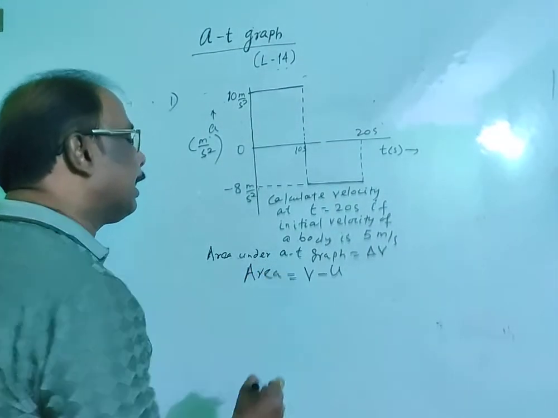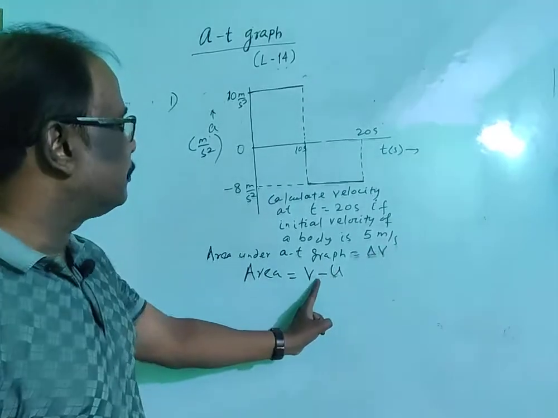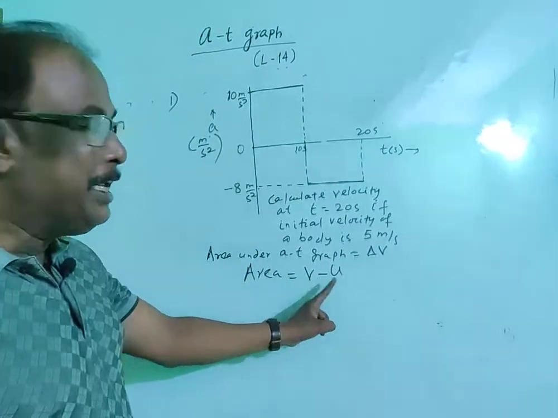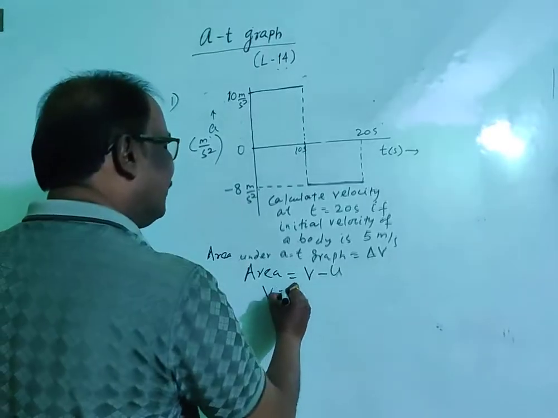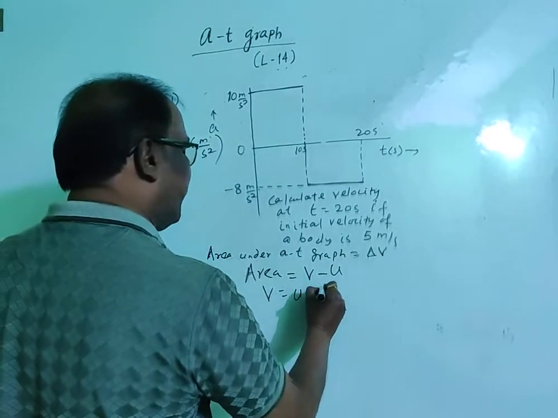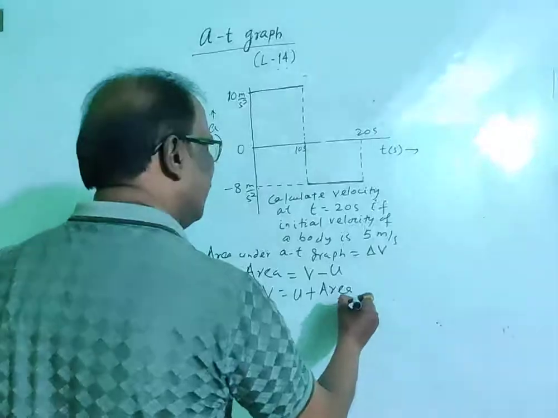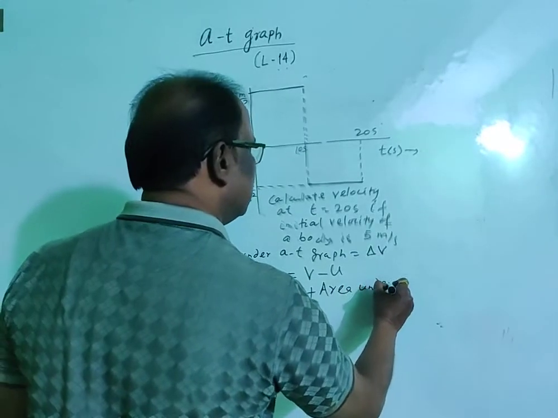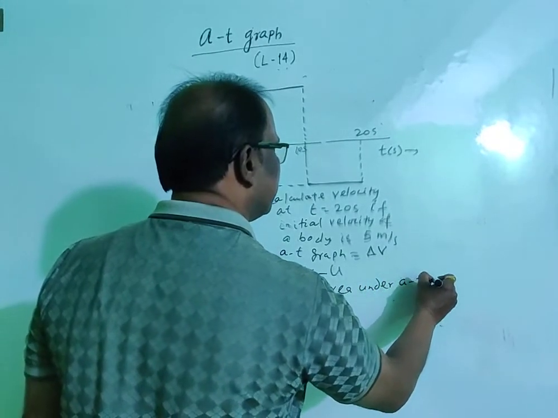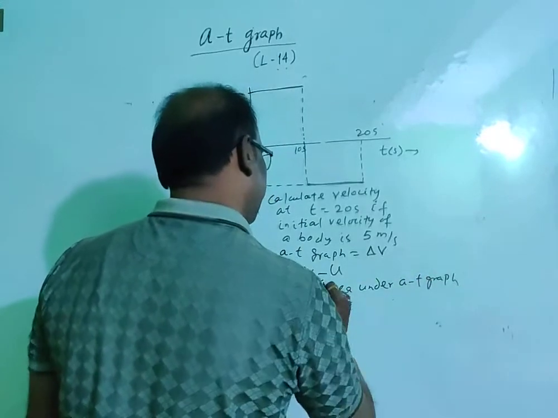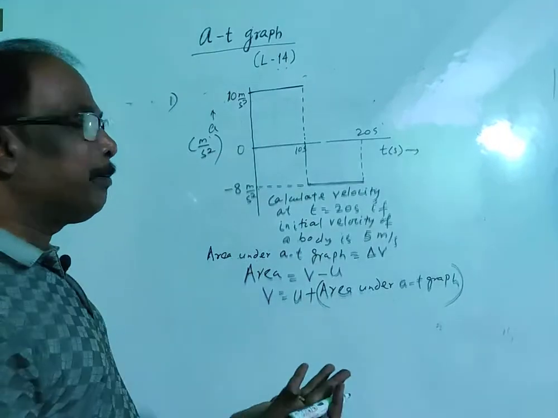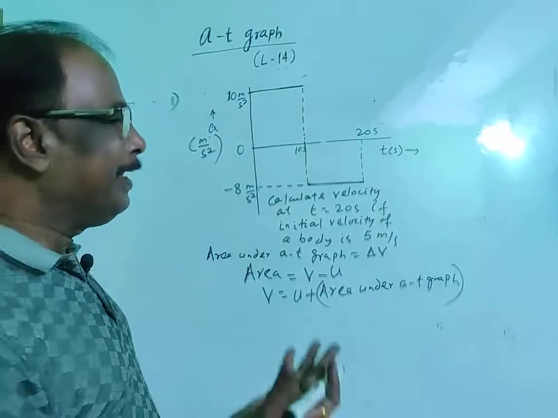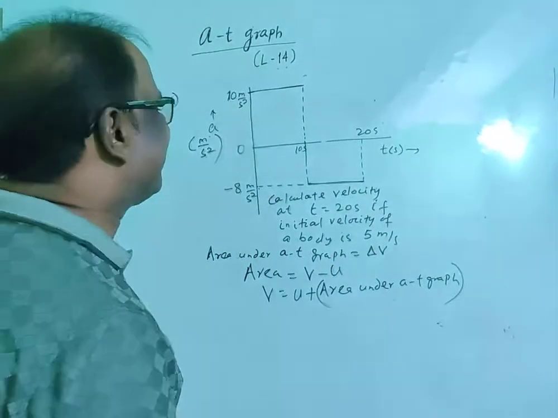Then final velocity is equal to initial velocity U plus the area under the a-t graph. This is the method. Now it is made very easy.